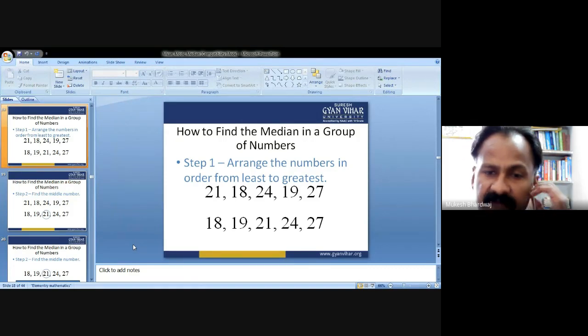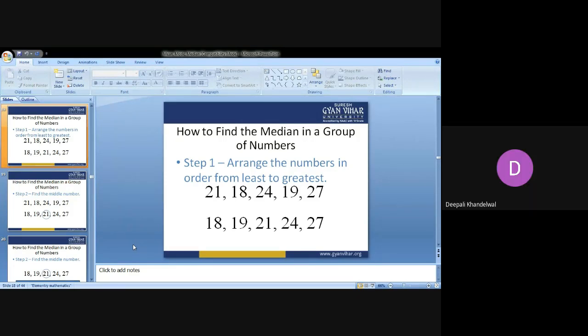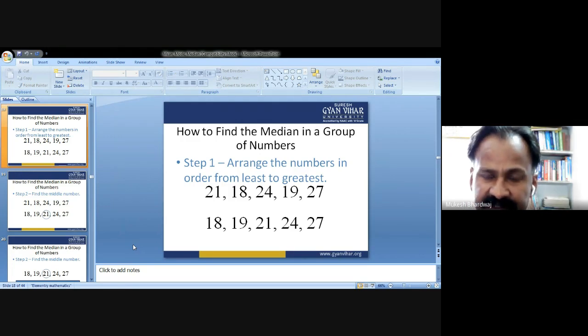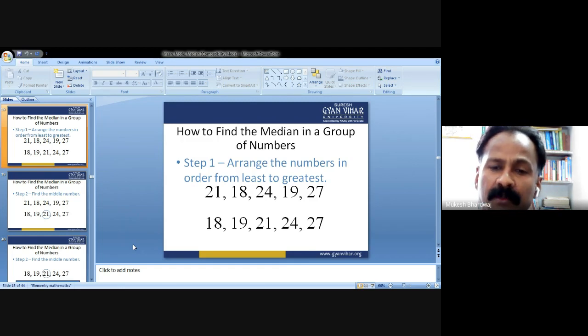Answer: 21. 21 is the median because the sequence is arranged in the second step, and if you count from the left-hand and right-hand side, 21 stands on the same position, the third position, and it is the median or middle value among the given data.